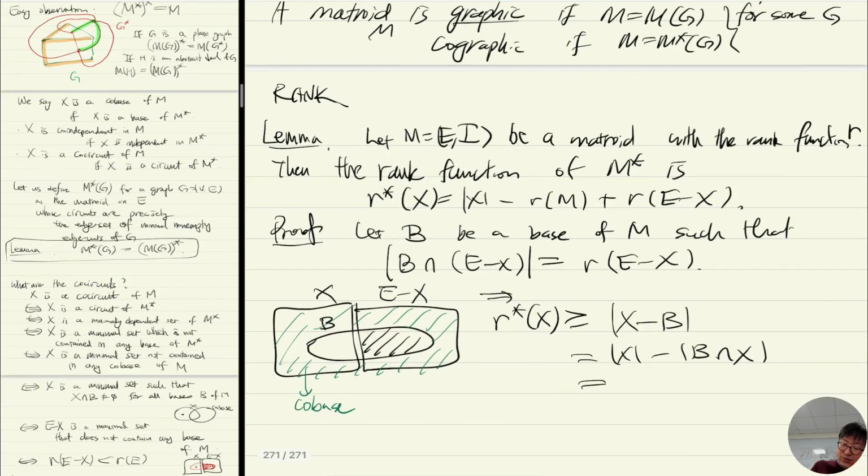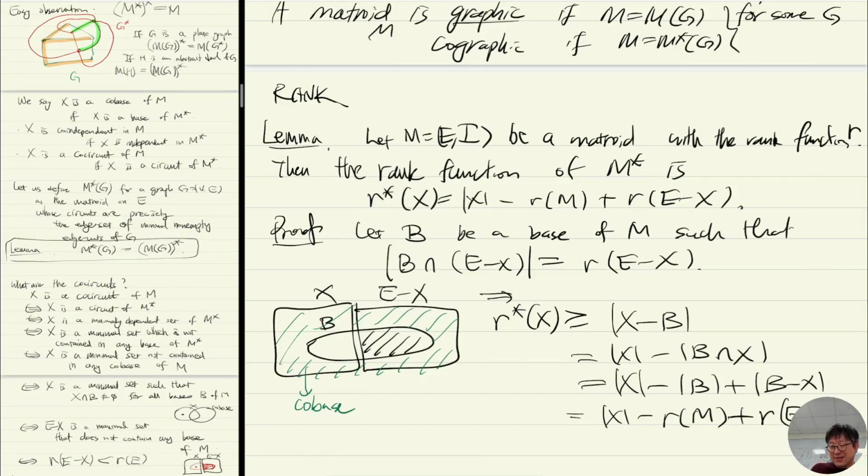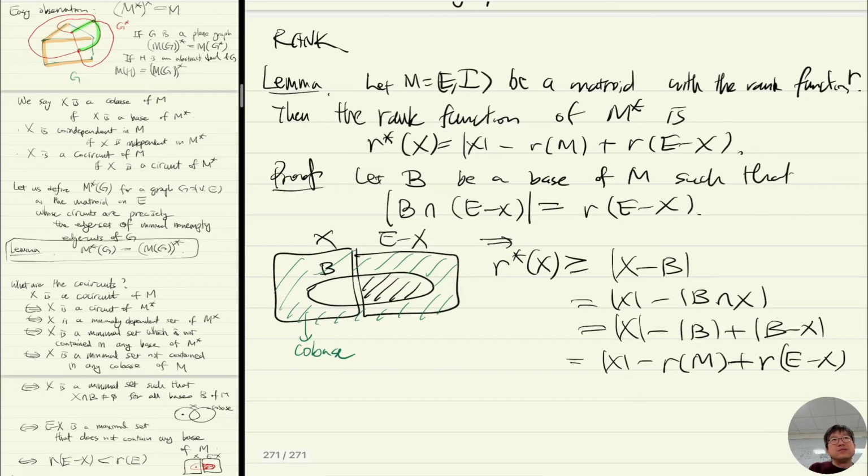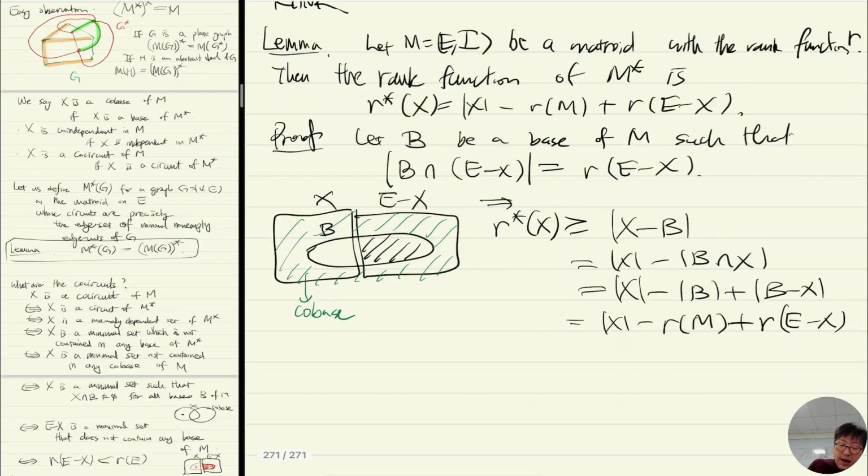And how do we normalize it? Well, X minus B, I subtract all of them, and then plus B minus X. So this is equal to size of X minus rank of M plus rank of E minus X. So this proves one direction. The left hand side is at least the right hand side. How about the other direction?